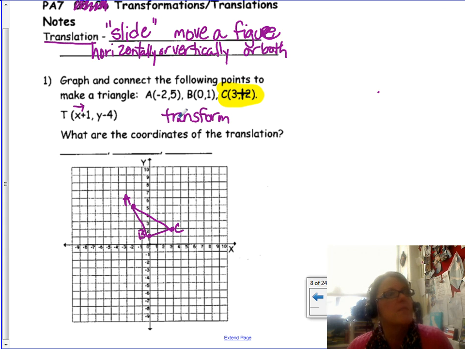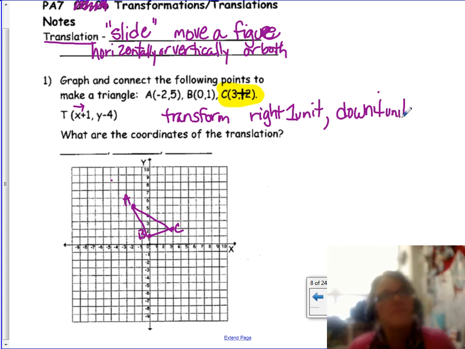So in words, I'm going to transform this by going to the right 1 unit. And then for all of my y coordinates, the 5, the 1, the 2, we're going to subtract 4. The y is my vertical axis, and when you subtract, you're going down. So we're going to go to the right 1 unit and down 4 units. And this is how we make this translation.